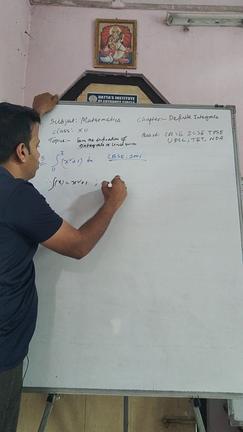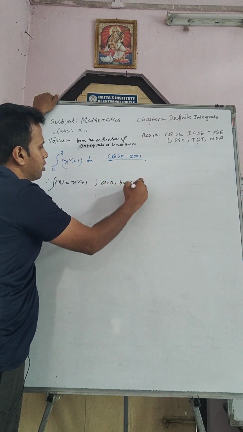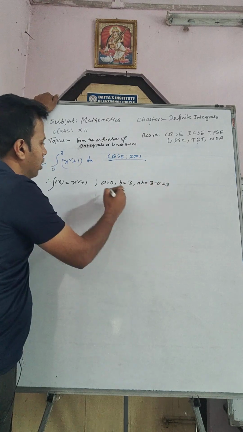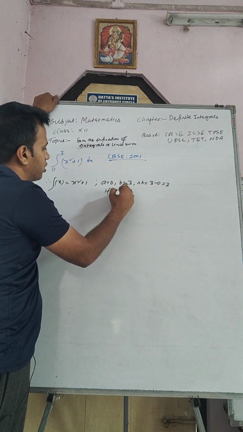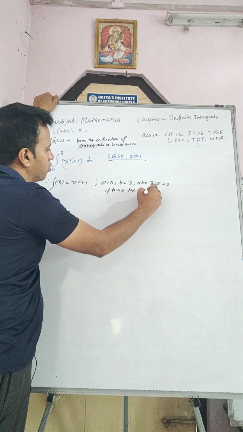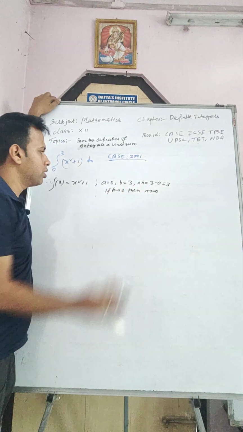Here a equal to 0, b equal to 3, nh equal to 3 minus 0, that is 3, and if h tends to 0, then we can write n tends to infinite. Okay, this is common for all.